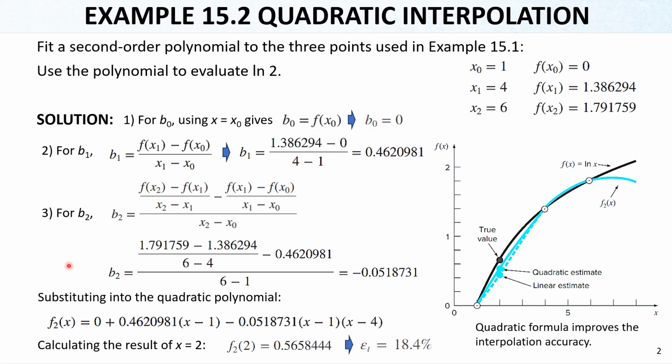For b2, we will have this formulation, second order finite divided difference. And for that, we will use the first order finite divided differences between the points x2 and x1. This and this, 1.79 minus 1.38, over 6 minus 4, minus this value. And we already calculated this here. So we can just simply write here. And the denominator is the last minus the first, 6 minus 1.